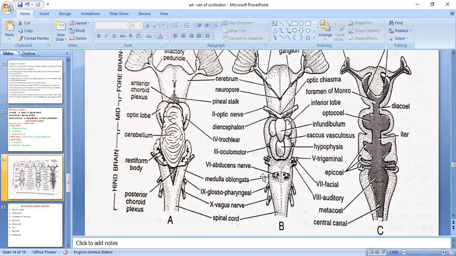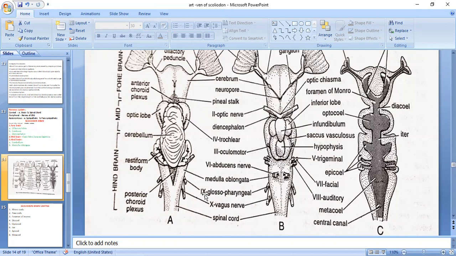So the medulla oblongata is almost the second largest part of the brain. It is continued as the spinal cord, and from the lateral and posterior parts of the medulla oblongata, many cranial nerves are formed. From the mid-ventral region, the sixth cranial nerve, the abducens nerve, is produced.